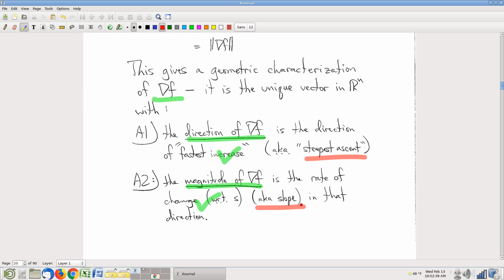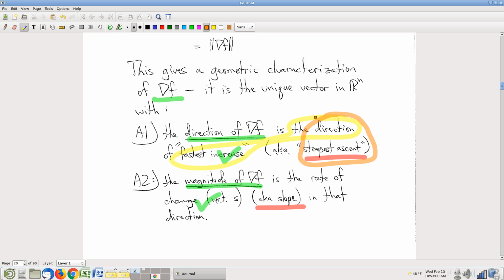By the way, these two different terms, the direction of fastest increase and the direction of steepest ascent, are both out there. Both of these terms are reasonably natural in their different ways. You're going to hear a lot of people talk about the direction of steepest ascent.